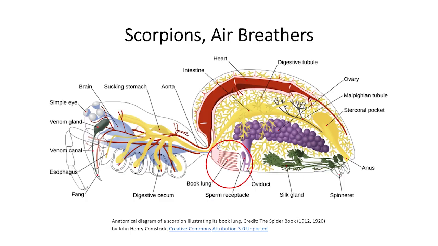Book lungs have been studied in an exceptionally well-preserved fossil arachnid, Trigonotarbid, from the early Devonian era, located in Scotland, dated approximately 410 million years ago during the late Cambrian explosion.